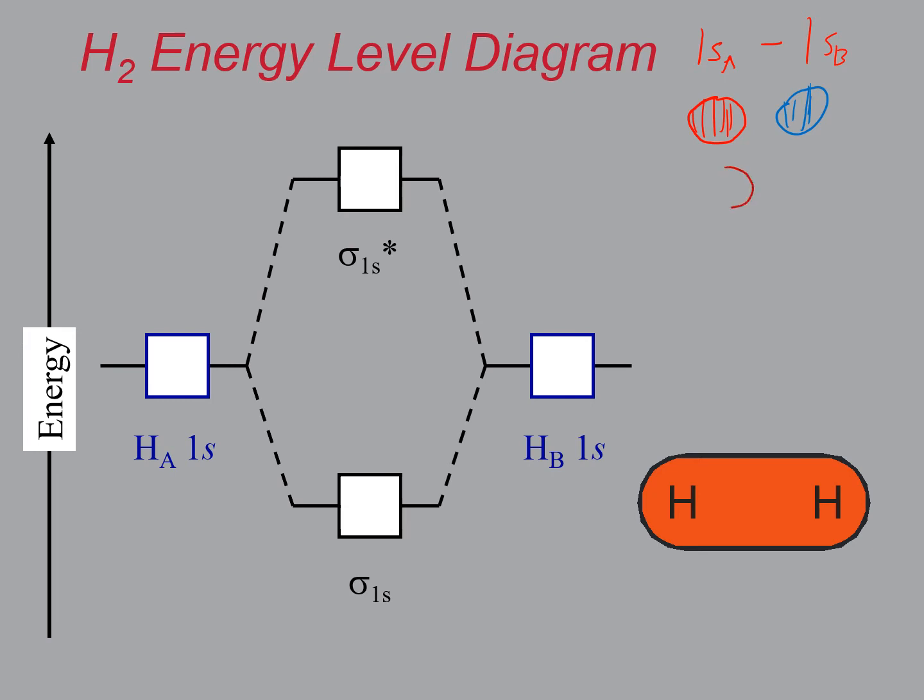So this is going to end up being something like this, except imagine them being the same size. And the rule is that if areas of the opposite sign overlap, which is the case here, they will cancel each other out.